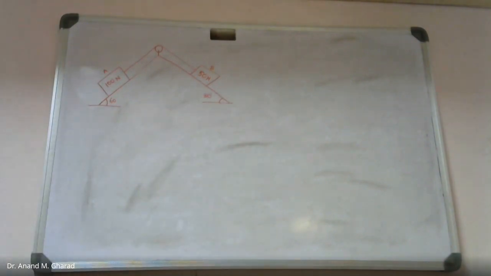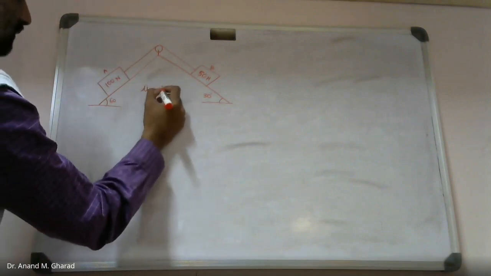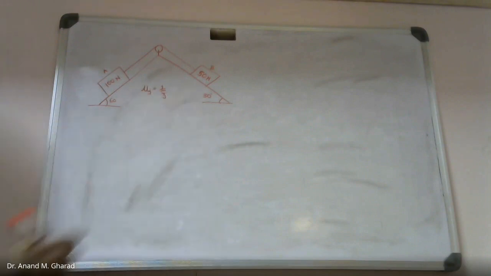Okay. The coefficient of friction between the inclined planes and the blocks is given as 1 by 3. You are supposed to identify the acceleration and tension in the string. Mu s is given as 1 by 3. This is what is given.